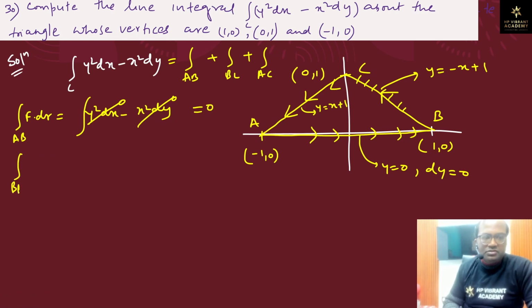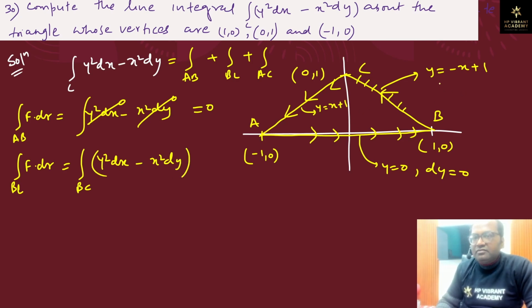So along BC, f dot dr is equal to along BC y square dx minus x square dy. Along BC we have y is equal to minus x plus 1, so dy is equal to minus dx.